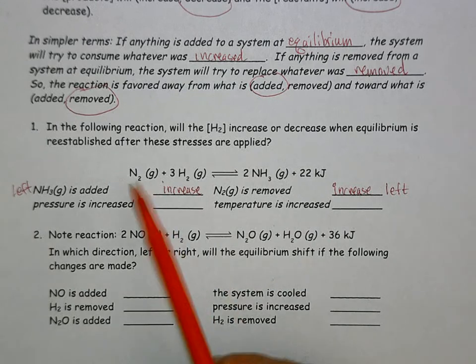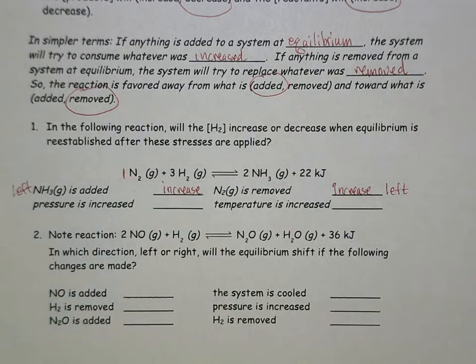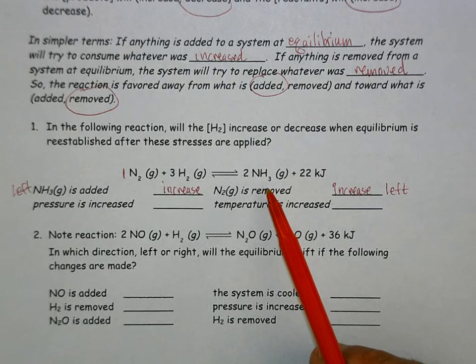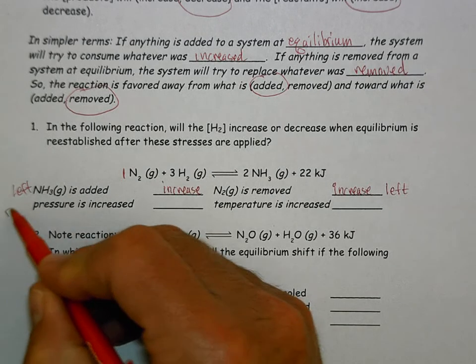Well, on this side, I have 1 mole, even though it's not listed, there's 1, and 3 moles of the hydrogen. So there's 4 moles of molecules on this side. There are only 2 moles on that side. So an increase in the pressure goes to the side with fewer moles. So this will shift right.